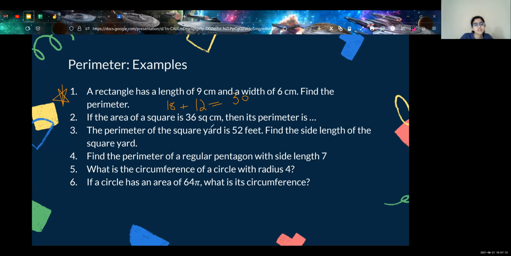We're only going to do the first 3. I got 4 answers for number 2. I just need 1 more person. The perimeter of a pentagon is just 5 multiplied by the side length.